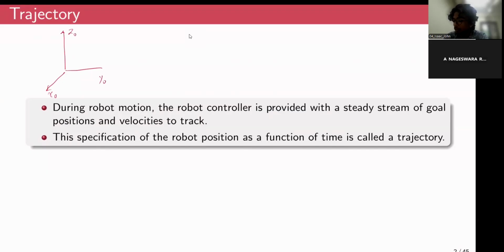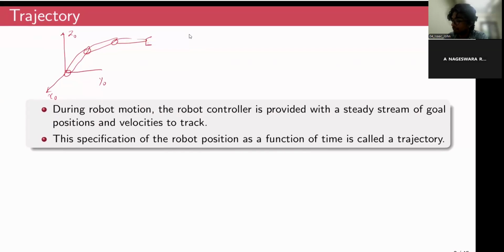And you may have an n degrees of freedom robotic manipulator, let's consider something generic like this. And you would be tasked to take this robotic manipulator through a steady stream of goal positions and velocities to track.